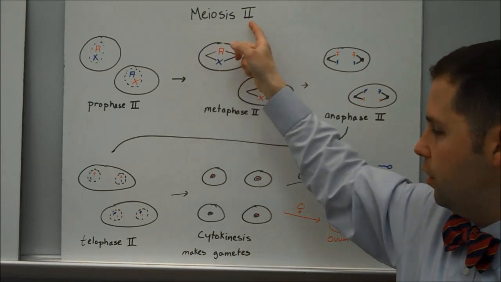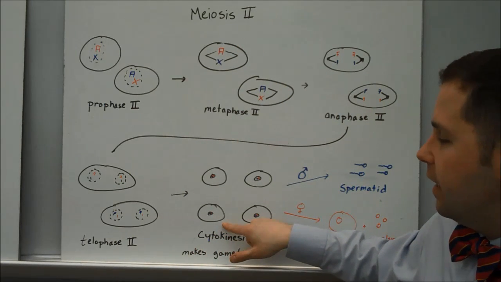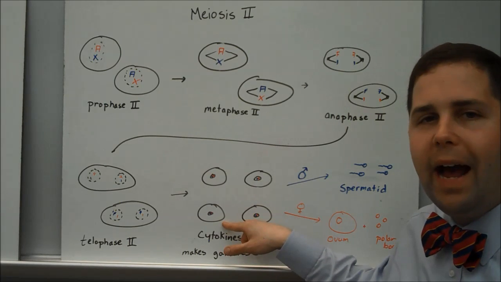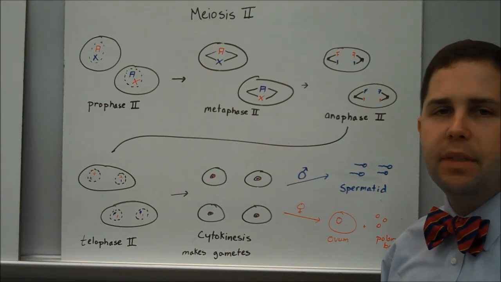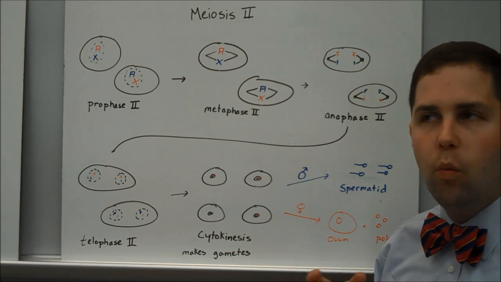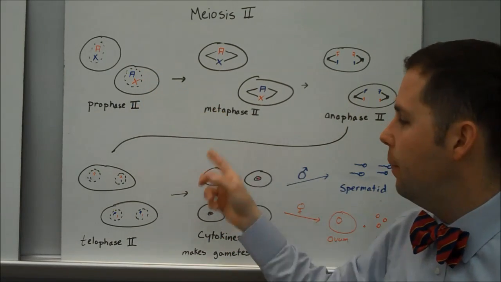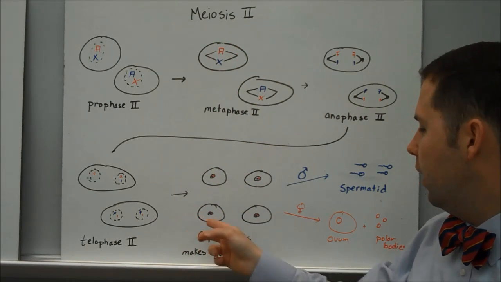Now, compared to the beginning of meiosis, these cells now have one copy of one half of the genetic material that we started with, because we divided that genetic material in half in meiosis 1, and then split that material in another half, making one copy go to each cell in meiosis 2, and that gives us 4 gametes.